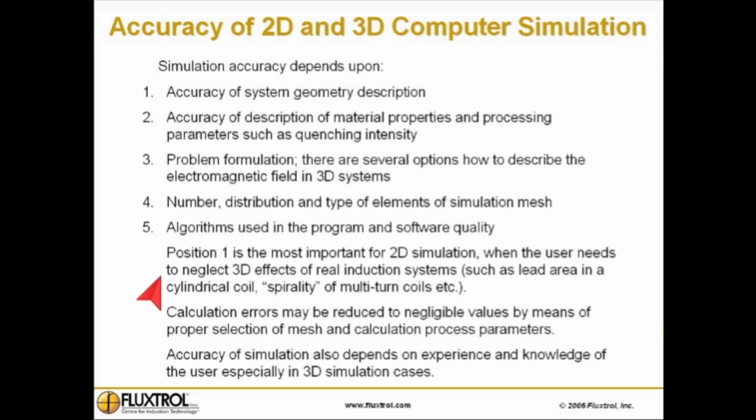Position 1 is the most important for 2D simulation when the user needs to neglect 3D effects of real induction systems, such as lead area in a cylindrical coil, spirality of multi-turn coils, etc.